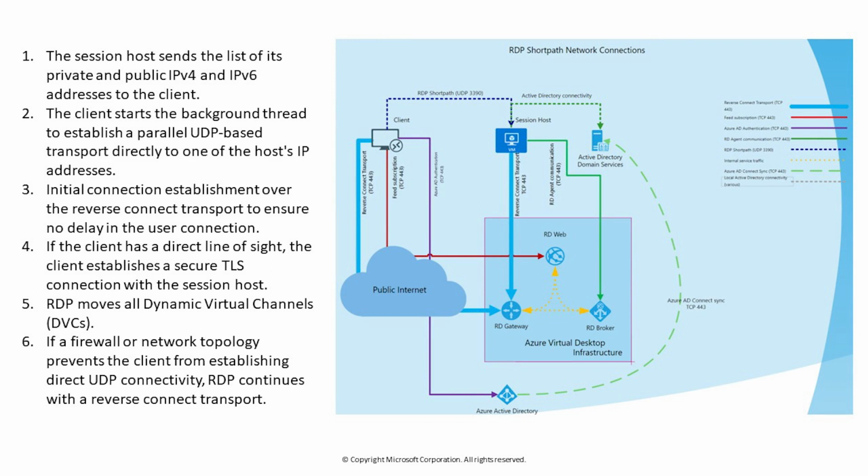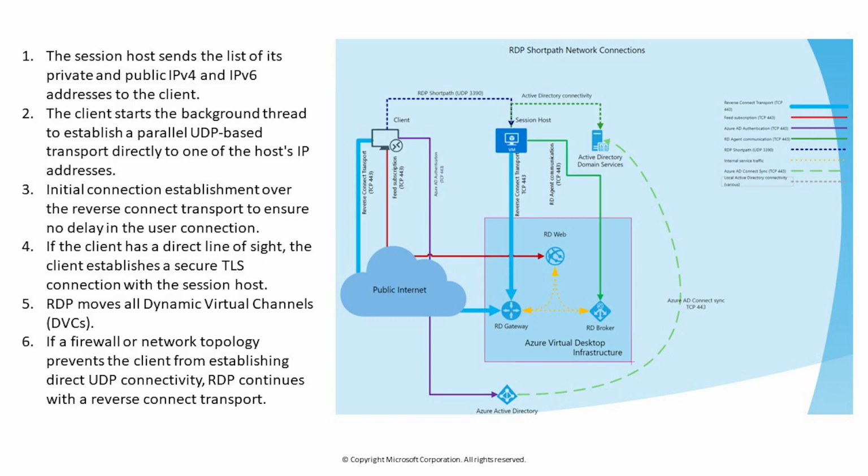So RDP Short Path is the one which helps bring support for configuring QoS. That is what I was talking about, how QoS is related. RDP Short Path is the one with the help of which you configure QoS to prioritize your RDP connections as well, right?